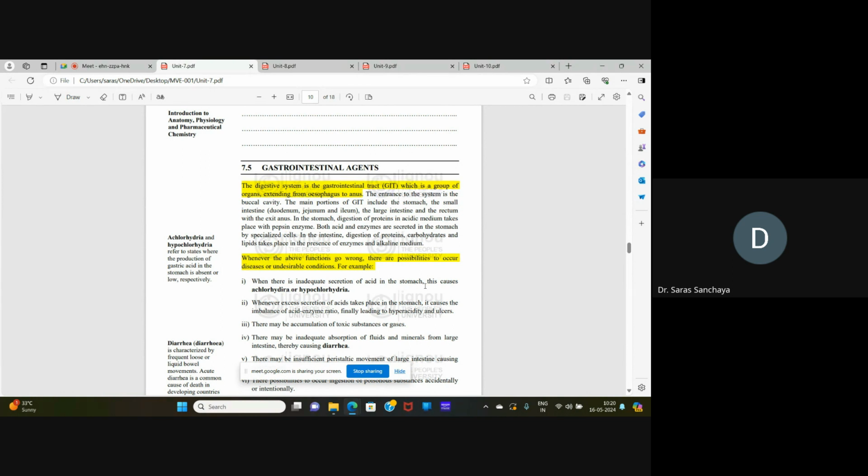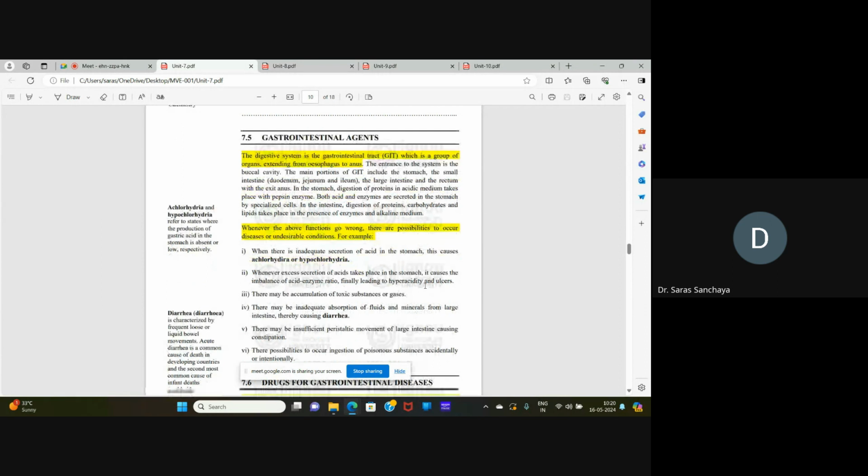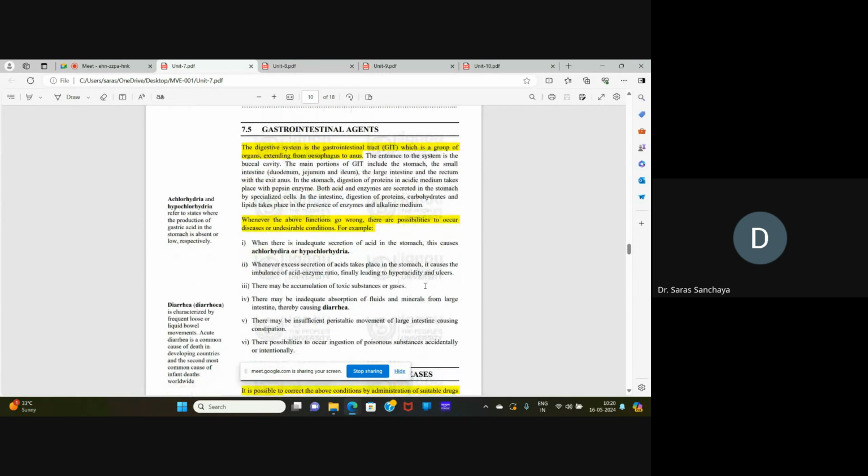For example, when there is inadequate secretion of acid in the stomach, this causes achlorhydria or hypochlorhydria, which means acid decreases in the stomach. Whenever excess secretion of acid takes place in the stomach, it causes an imbalance of the acid-enzyme ratio, finally leading to hyperacidity and even ulcers in the stomach.